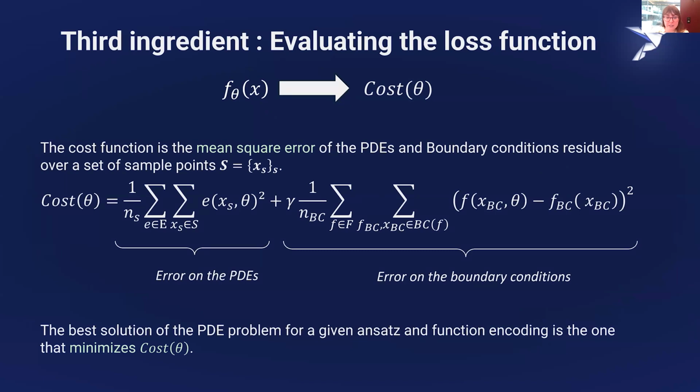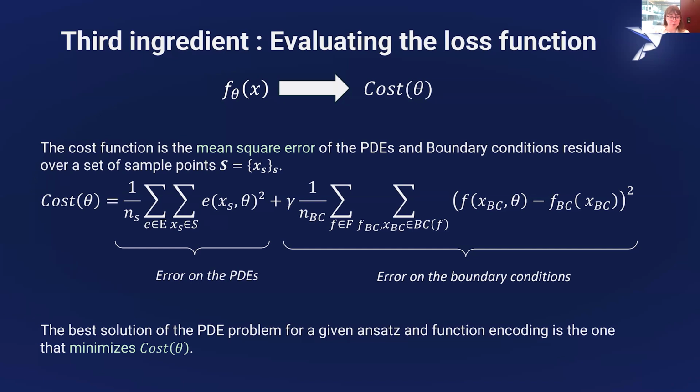So the third ingredient of the algorithm is the cost function. And of course, this is what the classical optimizer uses to determine how close it is to a given solution and to determine its optimization path. So after each evaluation of the solution function, this cost function is evaluated. And it consists of two parts.